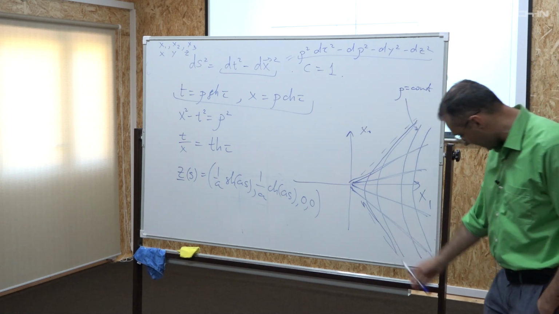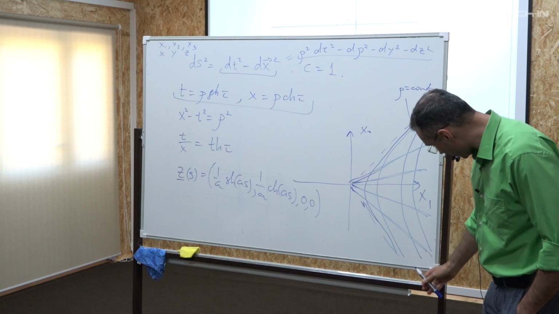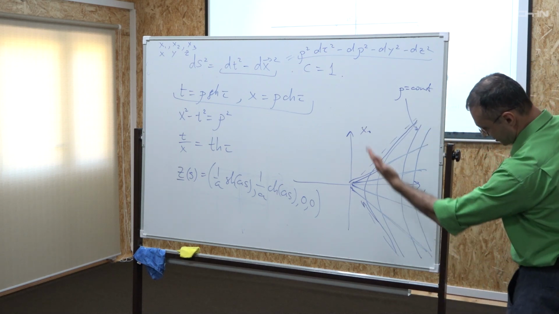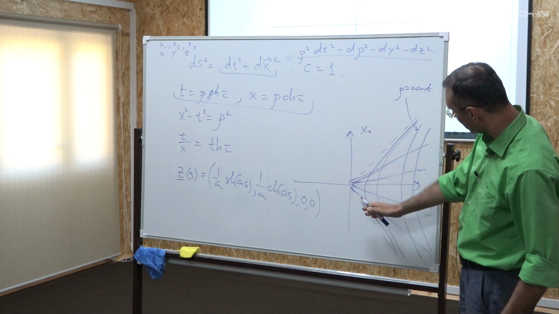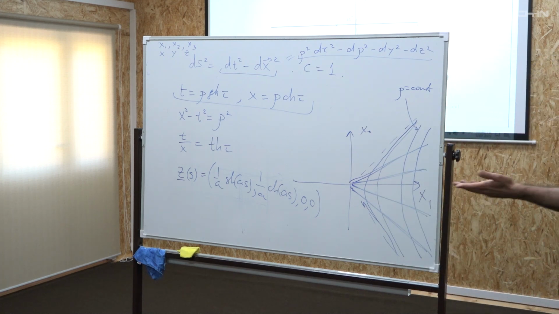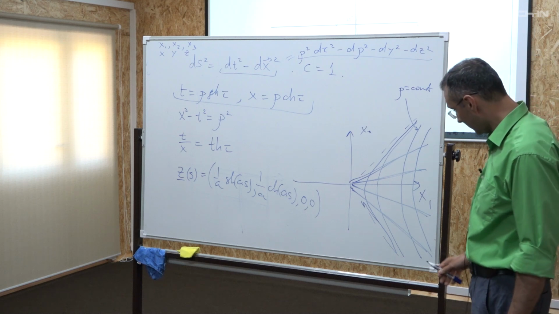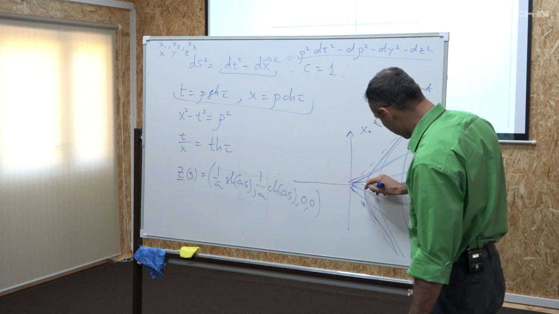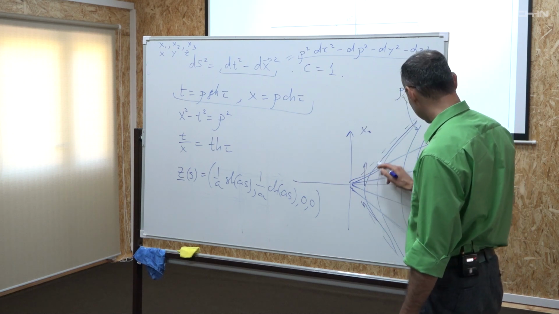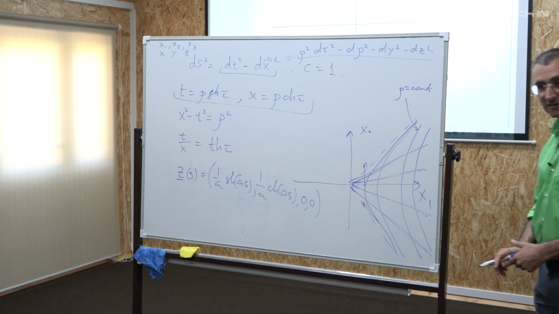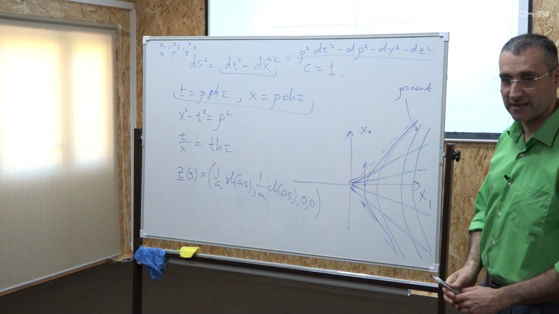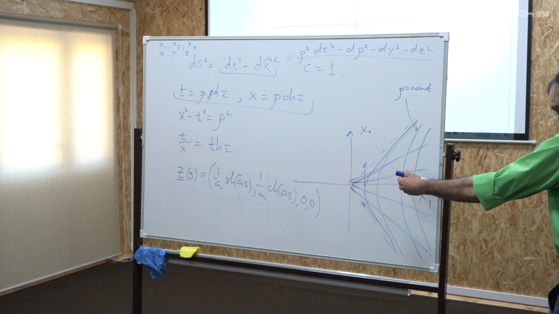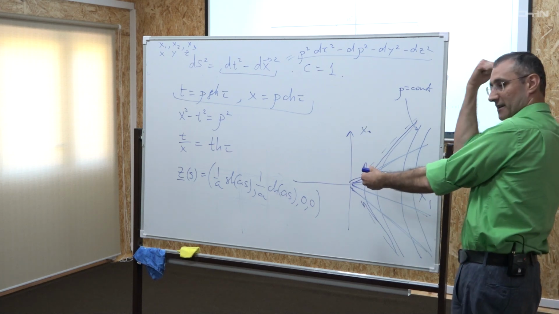So at minus infinity, the hyperbola approaches its asymptote, so the tangent to the hyperbola is at a 45 degrees angle with respect to x0, which corresponds to motion with the speed of light. Then my particle decelerates. Here it stops, and then continues to accelerate, reaching the speed of light again. So acceleration is always in this direction, meaning that here it slows down, then accelerates.